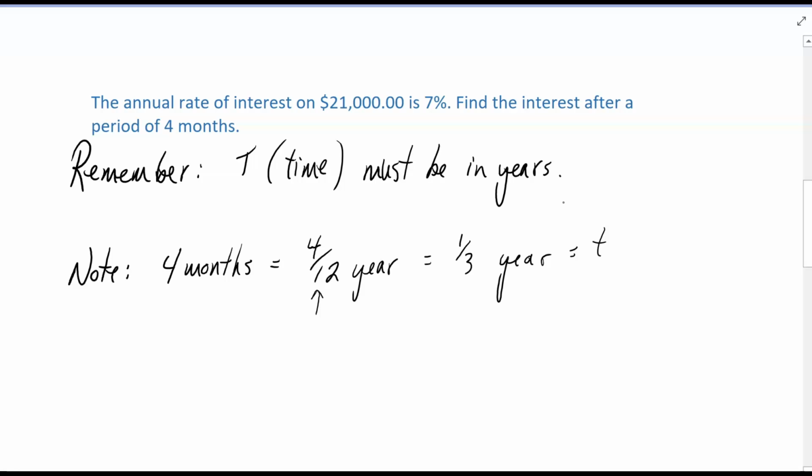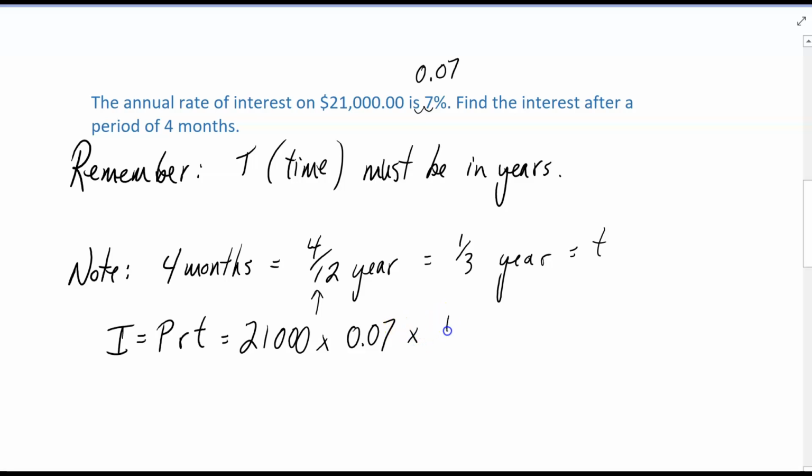And so the interest then is equal to PRT: $21,000 times my rate as a decimal, that is 0.07, right? Remember, we divide by 100 every time, 0.07, not just 0.7, times 1/3.